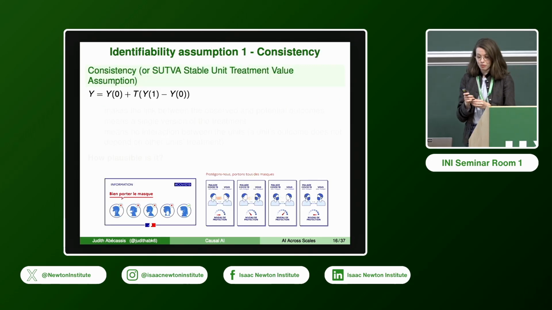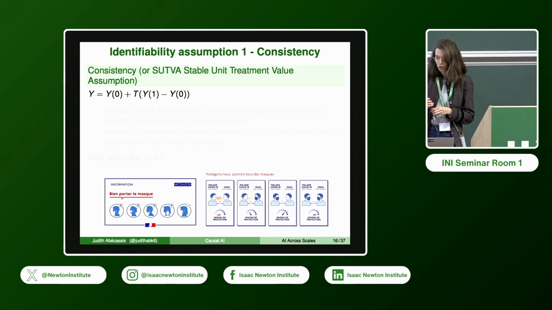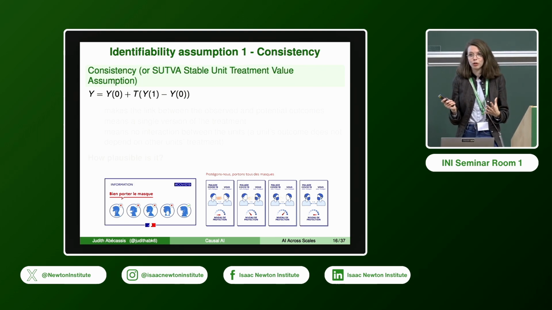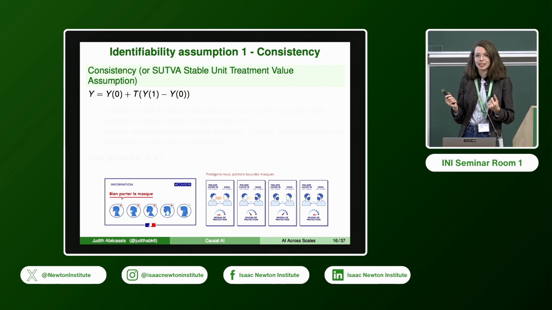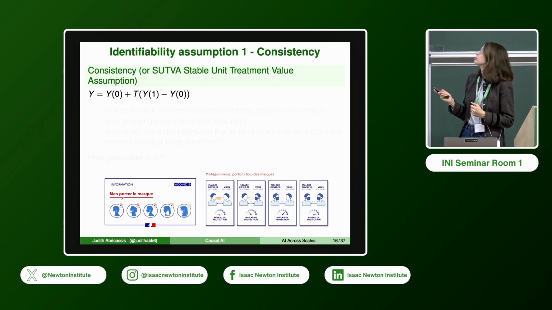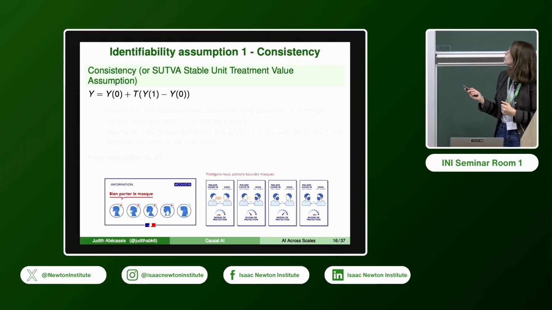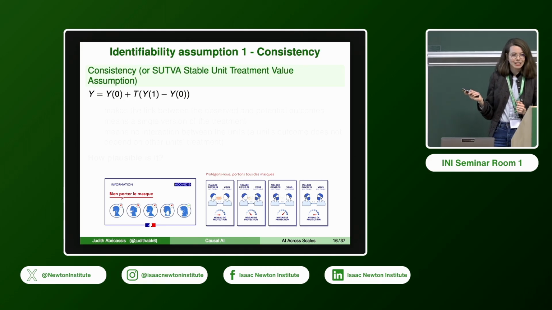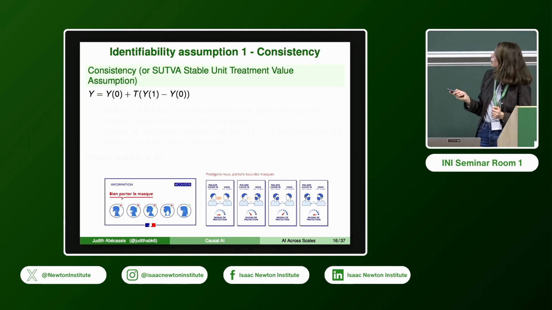So now for identification, to go from those unobserved variables to something that we can actually estimate from the observed world, we need additional assumptions. So the first one is consistency. It's also called SUTVA, the Stable Unit Treatment Value Assumption. And it's very tautological when we just look at it this way.